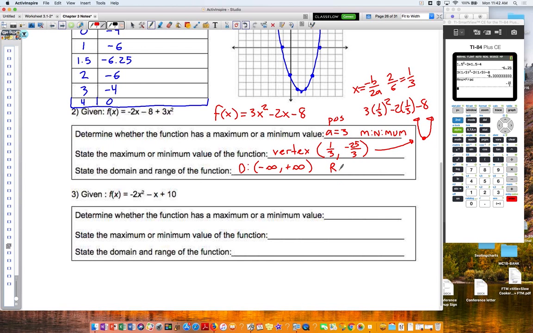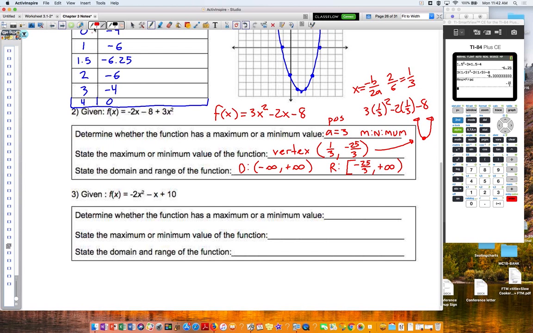For the range, it all depends on if it's opening up or down. Since this is opening up, it goes from the y-coordinate of the vertex all the way to positive infinity. So I'm going from negative 25/3 all the way up to positive infinity. I get my domain and range.